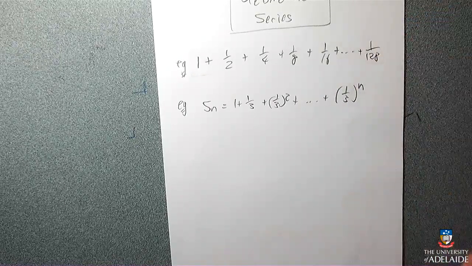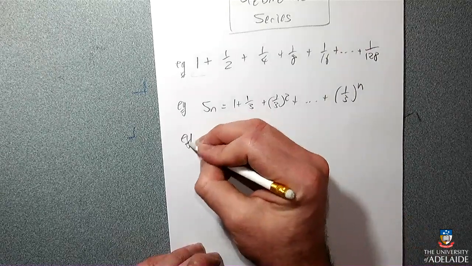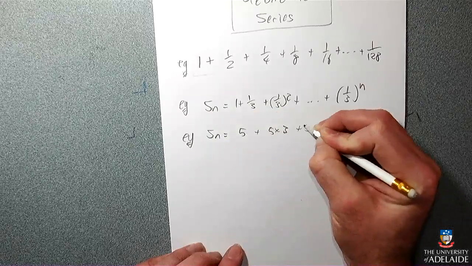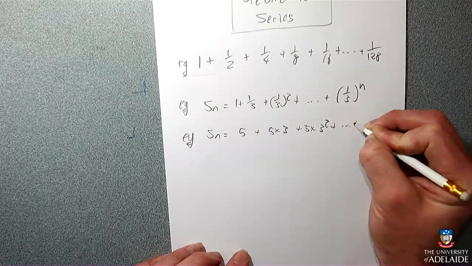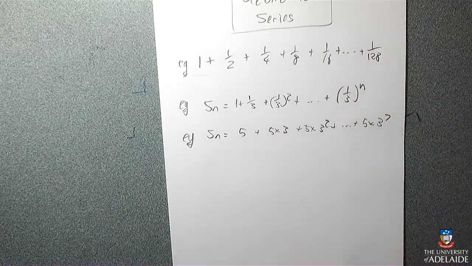Okay, good, just making sure. And it might not start at 1, it might start at like 5. Something like that. Cool, just making sure I've got the right thing.